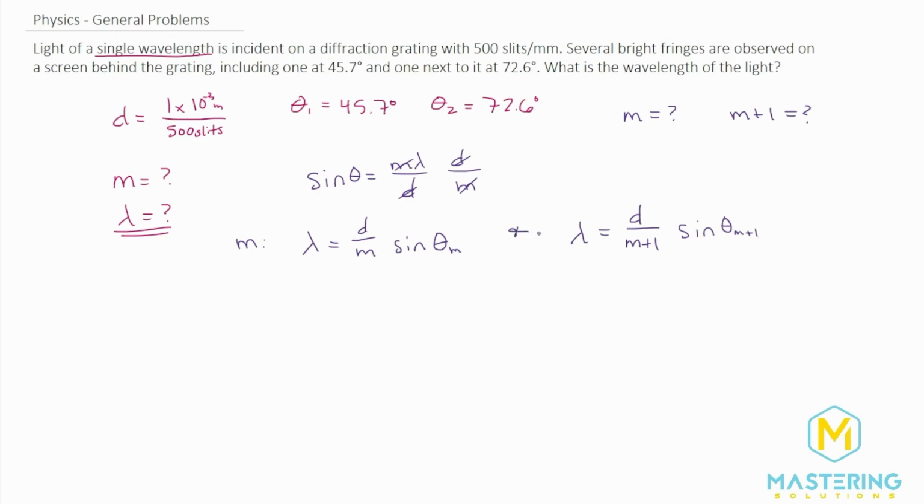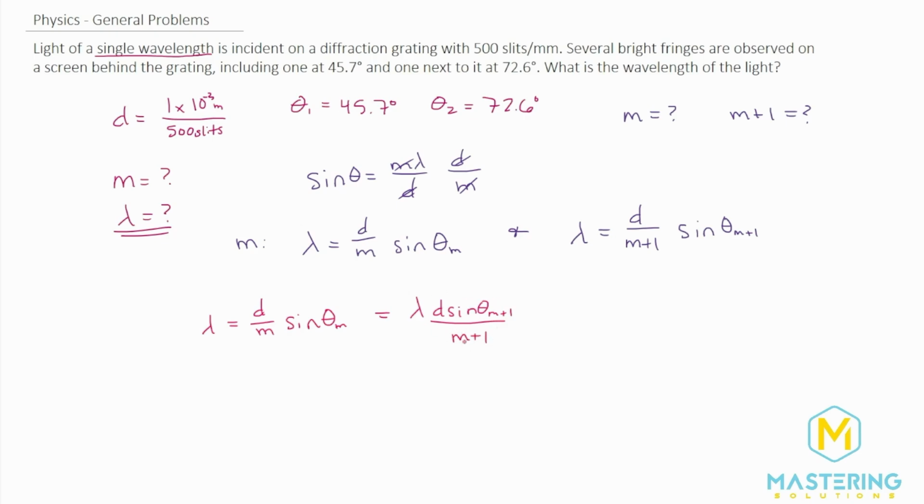So now we have 2 equations and 2 unknowns. There are several ways that you could go about this. What we're going to do in this problem is set both of the equations equal to each other, and then solve for the different variables. So first we'll say that lambda is equal to d over m sine of theta sub m, and that is all equal to lambda equals d sine theta sub m plus 1 over m plus 1.